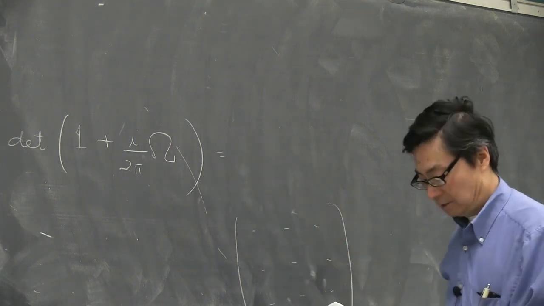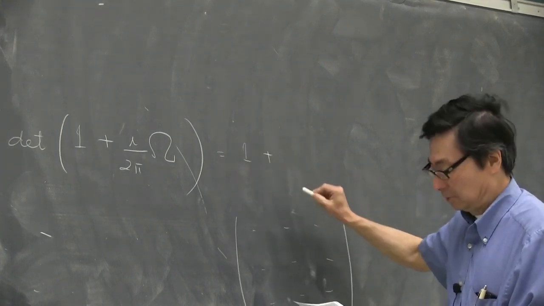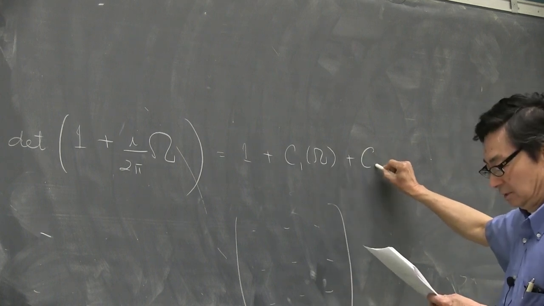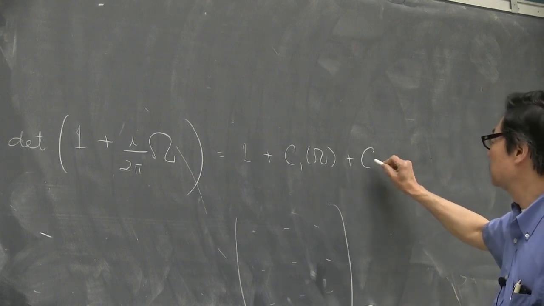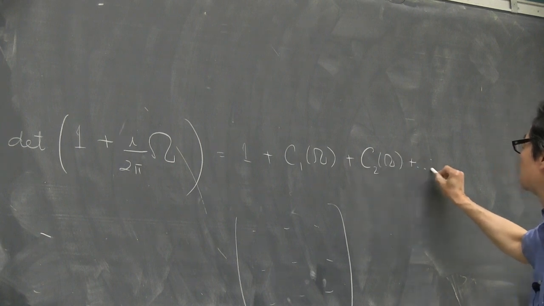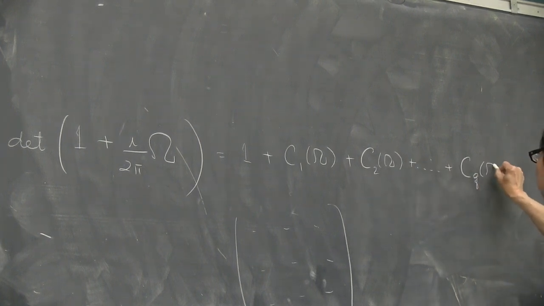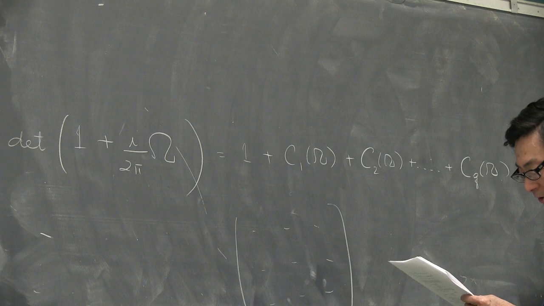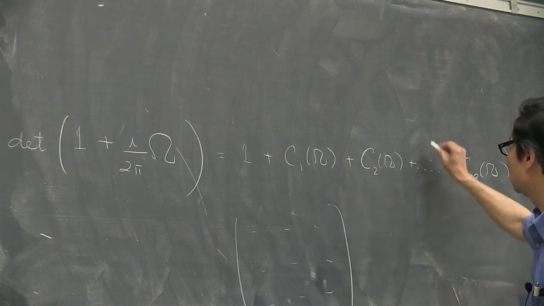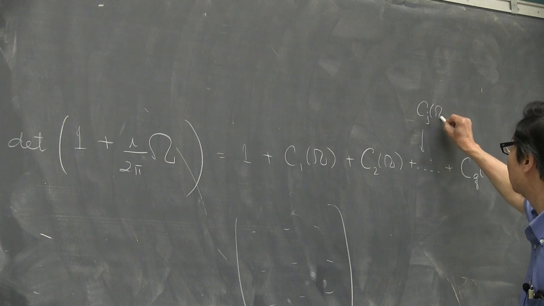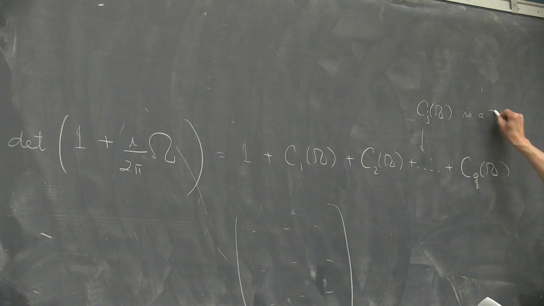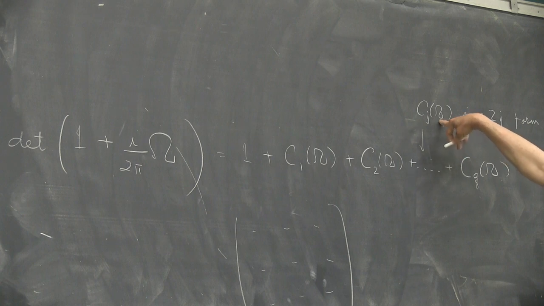And so he wrote this as something like this: 1 plus C1(omega), each depending on omega, plus C2, and so on and so forth, up to a maximum number. Where you take some general one of these, it's called Cj(omega). This is actually a 2j form, because omega itself is already a 2-form.